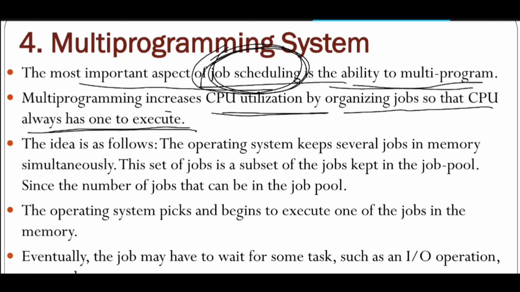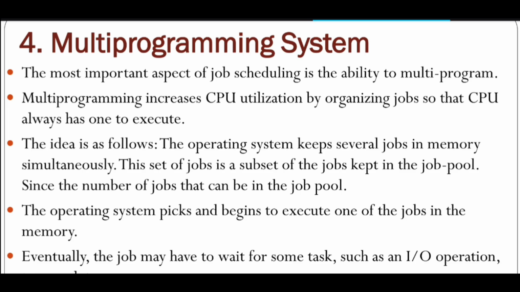Simply saying, the CPU is never idle. In our batch processing system, the CPU is idle while the process is waiting for any IO result. But here, if it is waiting for an IO result, the process will go to the waiting stage, and another process will be switched to the CPU.